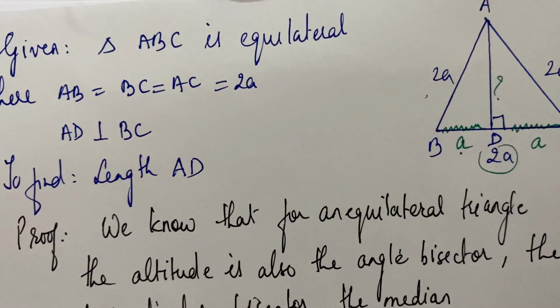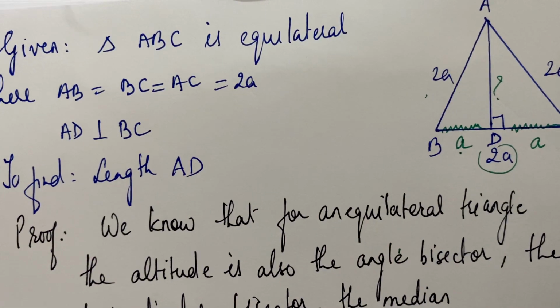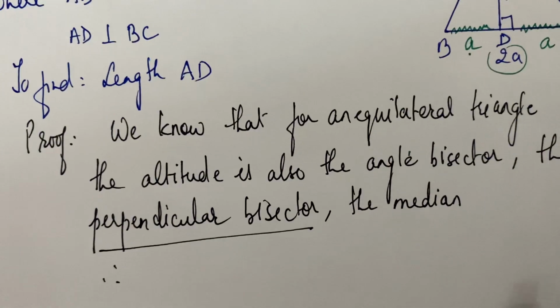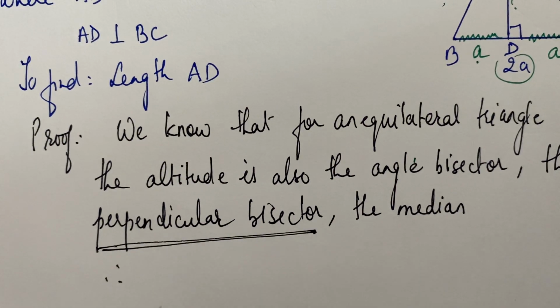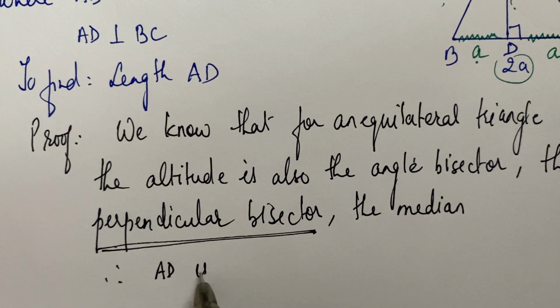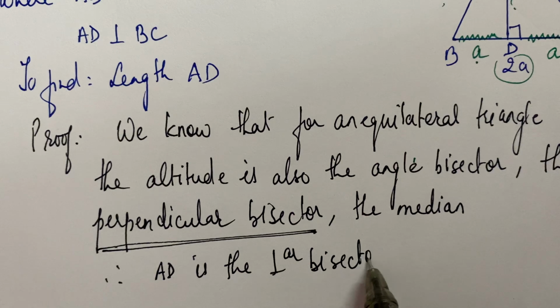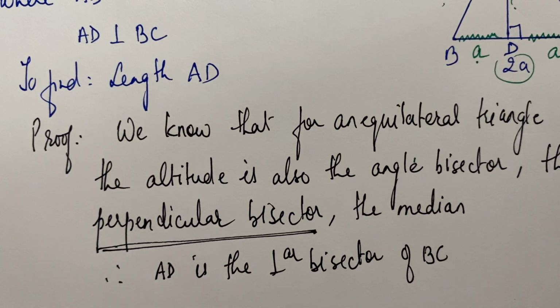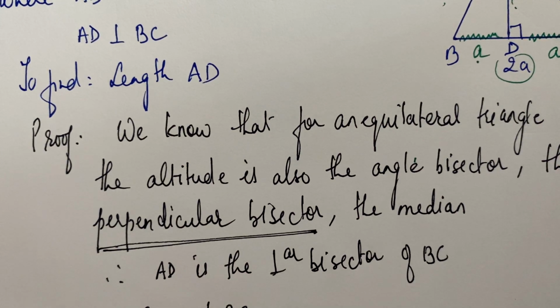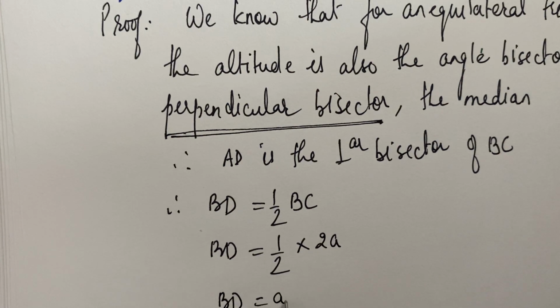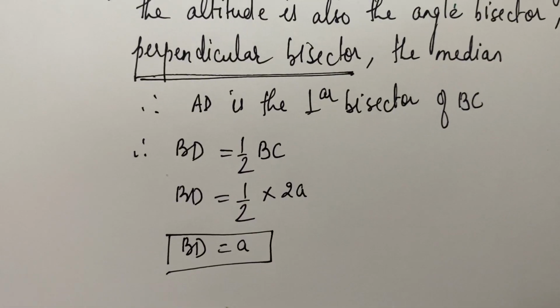Okay, so this is the property of an equilateral triangle. Now, therefore, if AD is the perpendicular bisector of BC, therefore BD will be half BC. So BD will be equal to half of 2A. So BD will become how much? It will be A. Got that?